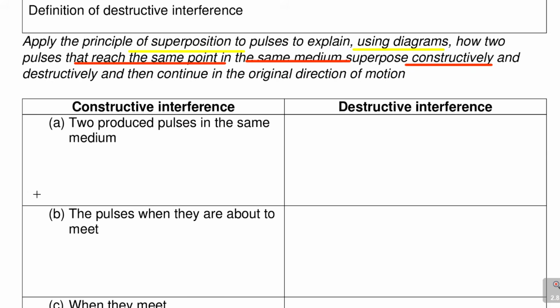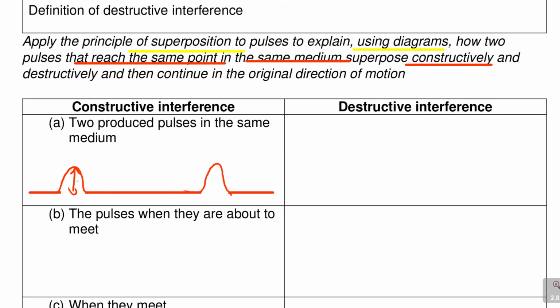So we have two pulses here like this, moving, as we said. I'll make them similar. Let's say you've got A. See, the amplitude is the same here.